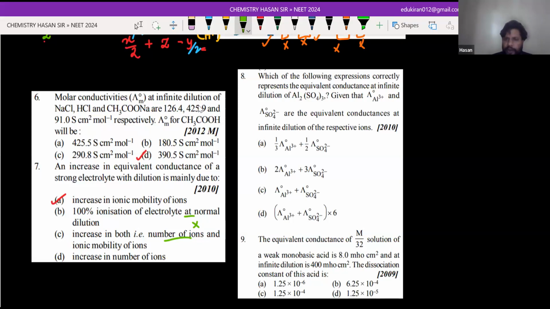Because it is already dissociated 100%. So how can the number of ions be increased? Only the ionic mobility of ions increases because of dilution. That's why in question number 8, C is the correct answer. In question number 9, D is the correct answer. Very good.